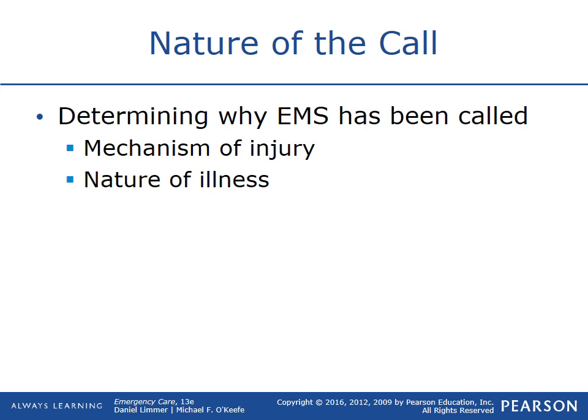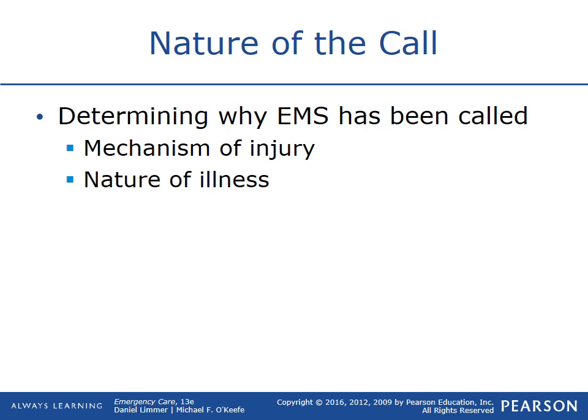Nature of call. Determine why you were called in the first place. And to do that, we look at mechanism of injury or nature of illness. So mechanism of injury, it's what causes an injury. It's the force or forces that have been applied that have caused injury. So there's different types out there.